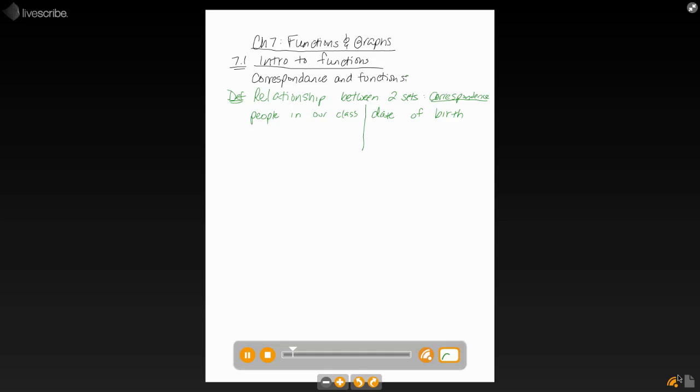So let's see here. A function is a special kind of correspondence between two sets. A function is a special kind of correspondence between two sets.